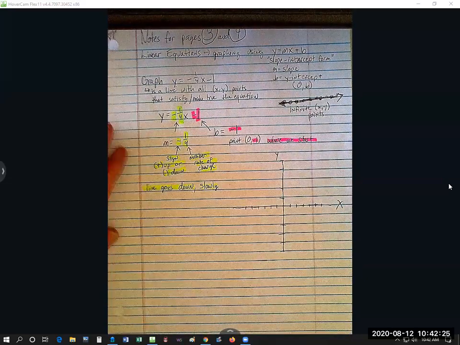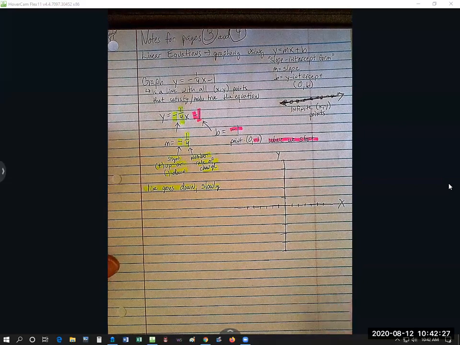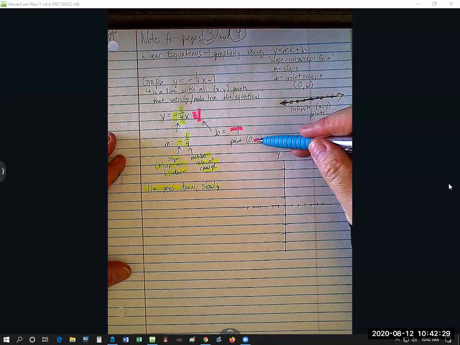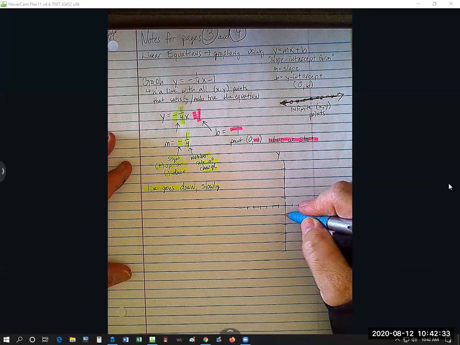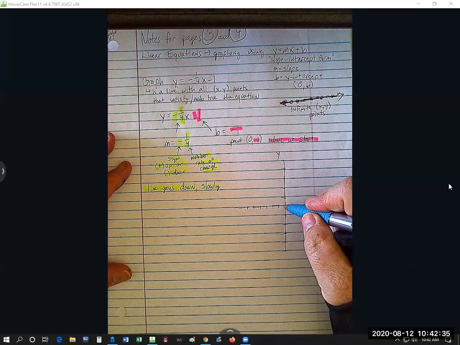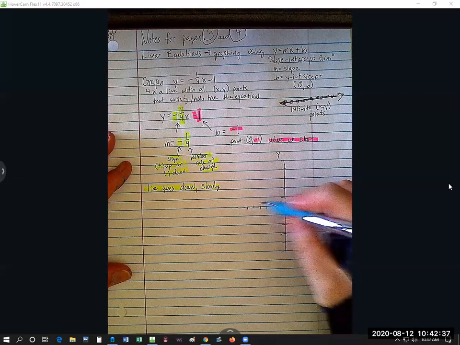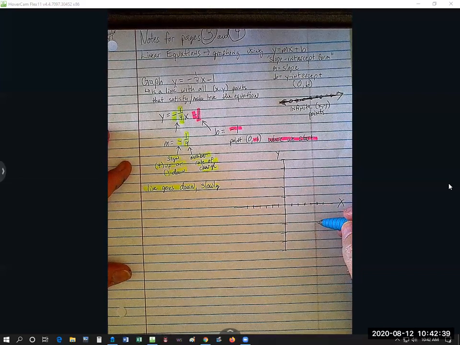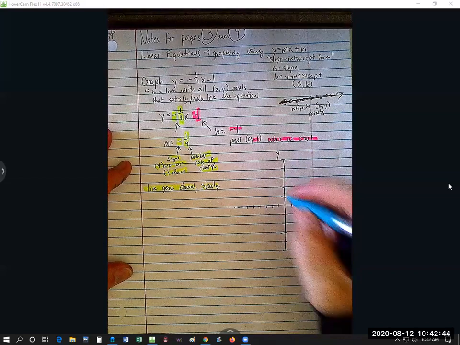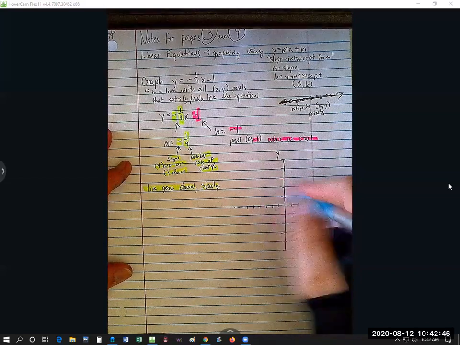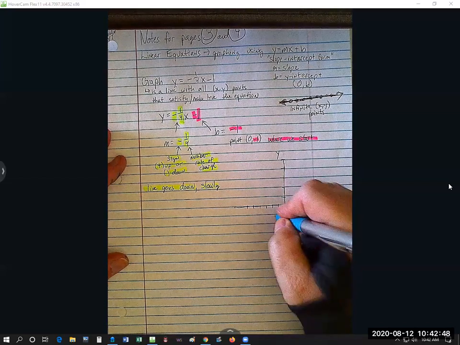Okay, so thinking about my points, my starting point is at the y-coordinate -1. If I put that here, then I'm going to go up 1 and back 4, or down 1 and forward 4. So I think we'll be okay if we go by ones. What I mean is, I was trying to make sure I had enough room to put points on here, and I think I will.